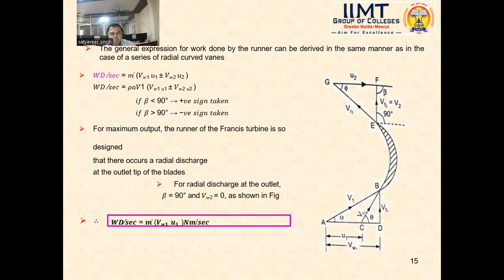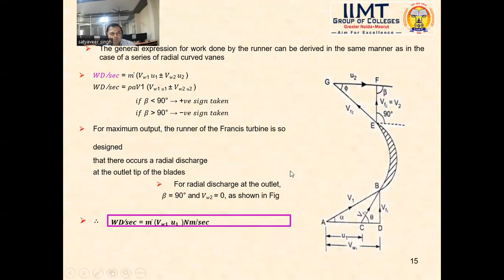M dot you can change to rho A V1, where rho is the density, A is the area, and V1 is the inlet velocity. For maximum output, the runner of the Francis turbine is designed so that there occurs a radial discharge at the outlet tip of the blade.